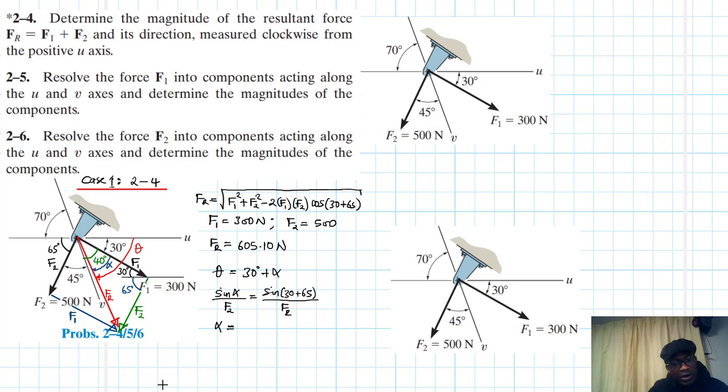So we are making alpha subject of the formula. So we have F2. What is F2? F2 is 500 times sine 30 plus 65, divided by FR, which is 605.10.